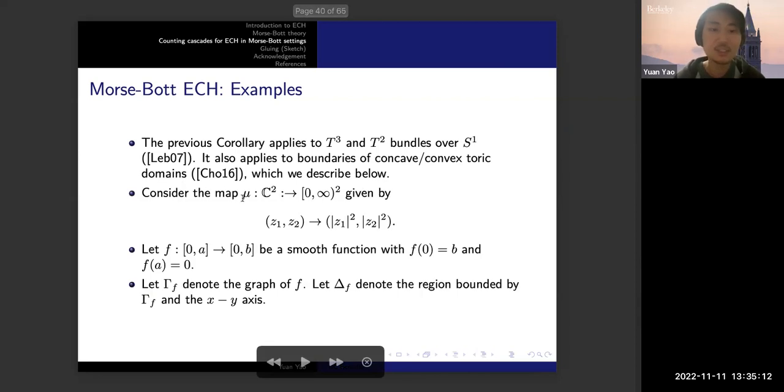So consider the moment map from C2 to R2 given by the usual torus action. If you don't know what that is, just look at this map. Suppose f is a smooth function from 0 to A, mapping 0 to B and A to 0. Don't worry, I'll draw a picture of this function. But you should remember gamma f is the graph of f, and delta f I used to denote the region bounded between the graph and the xy axes.